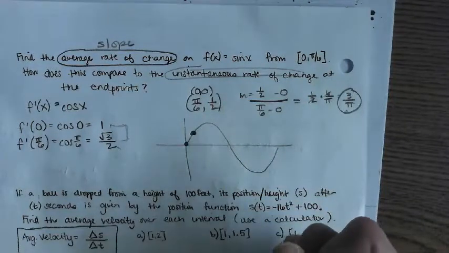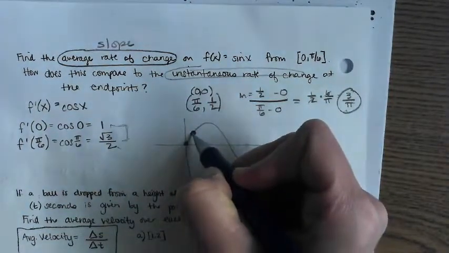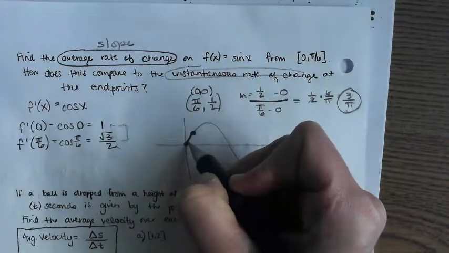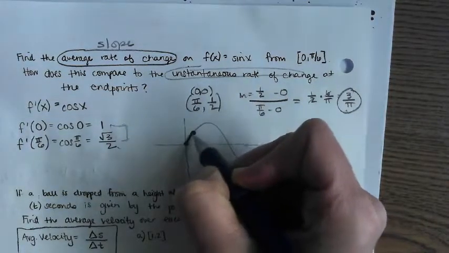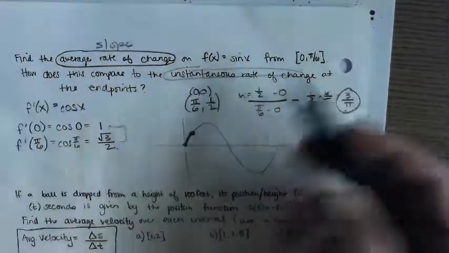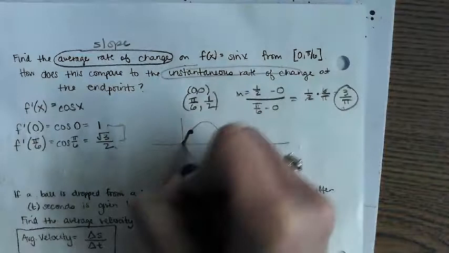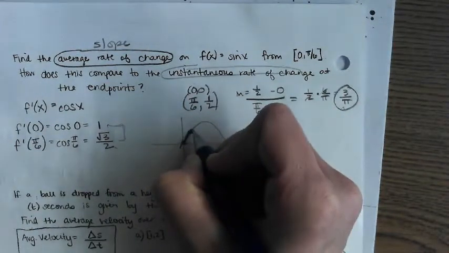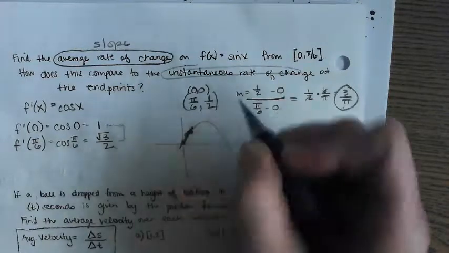Agreed? They're asking me to compare this average rate of change, which is not really supposed to be totally on top of the function, but it's too close to call, to the slope at 0, which is 1, and the slope here, which is root 3 over 2.